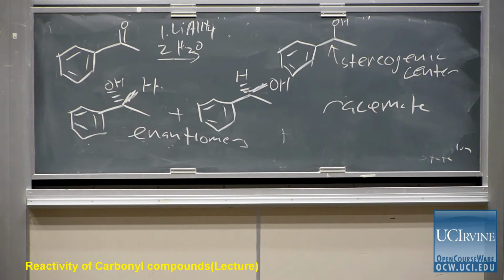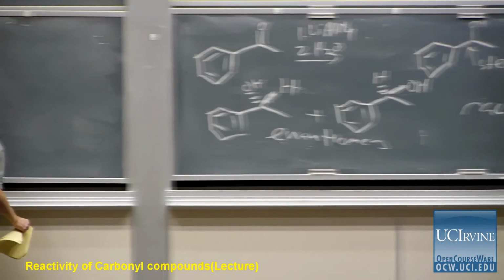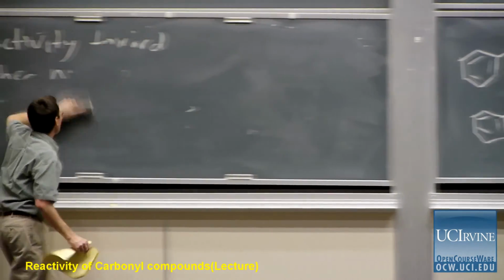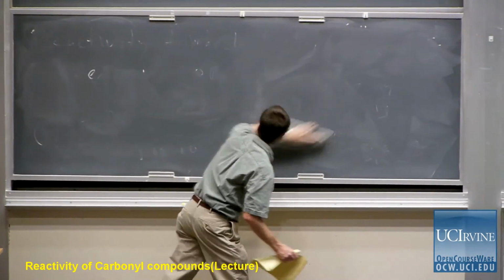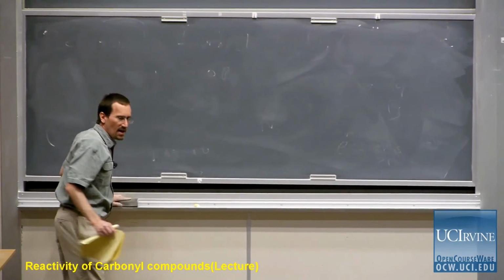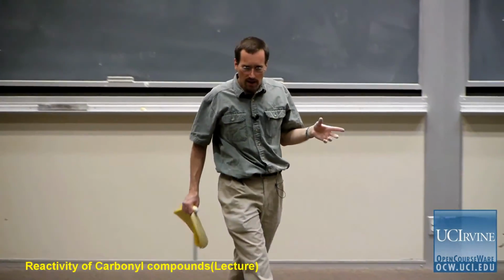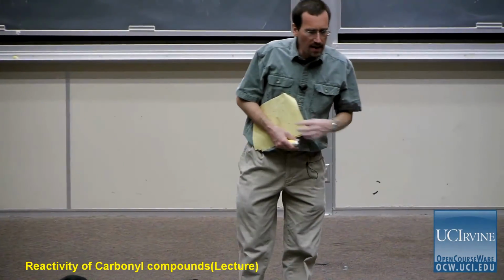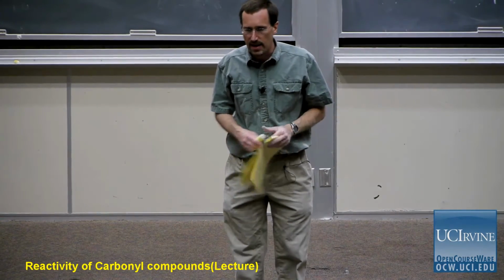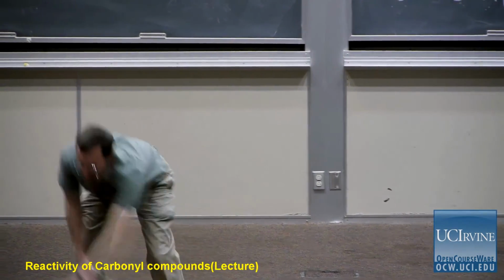All of the proteins in your body, all of the amino acids in your body, with the exception of glycine, all of the sugars in your body, all of the nucleic acids in your body, all of the lipids in your body are chiral. And in general, chiral molecules of one-handedness interact in a different fashion than the other.